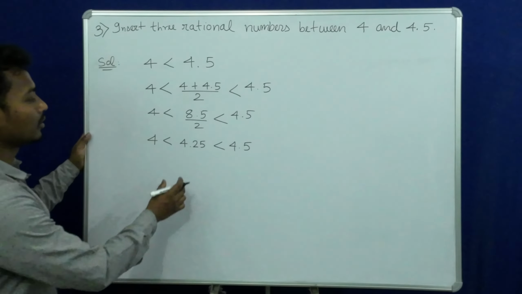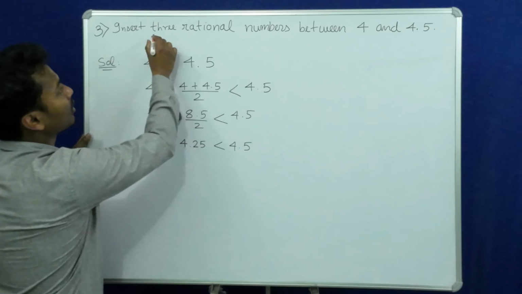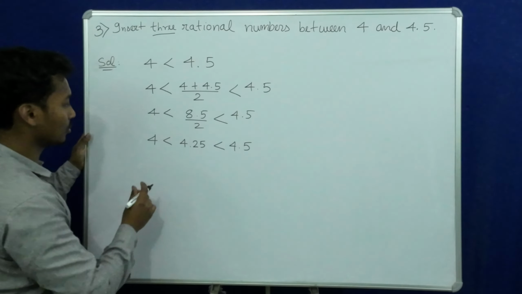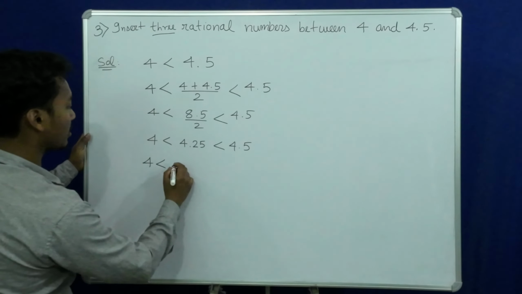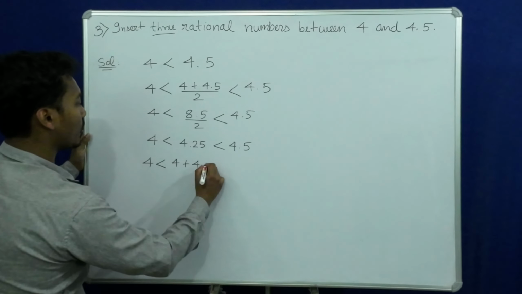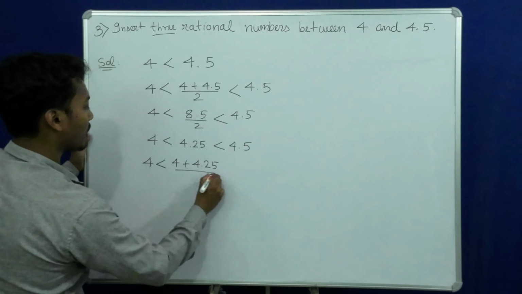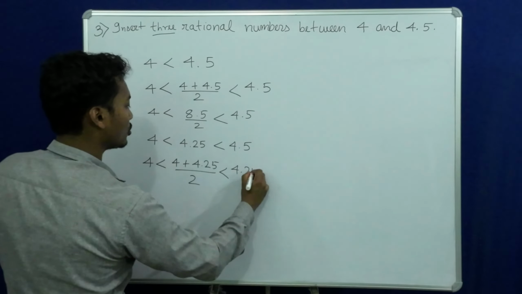Now let's find a rational number between this and this to get all the three rational numbers. So in one go we will get the other two rational numbers. So 4 plus 4.25 by 2, less than 4.25.